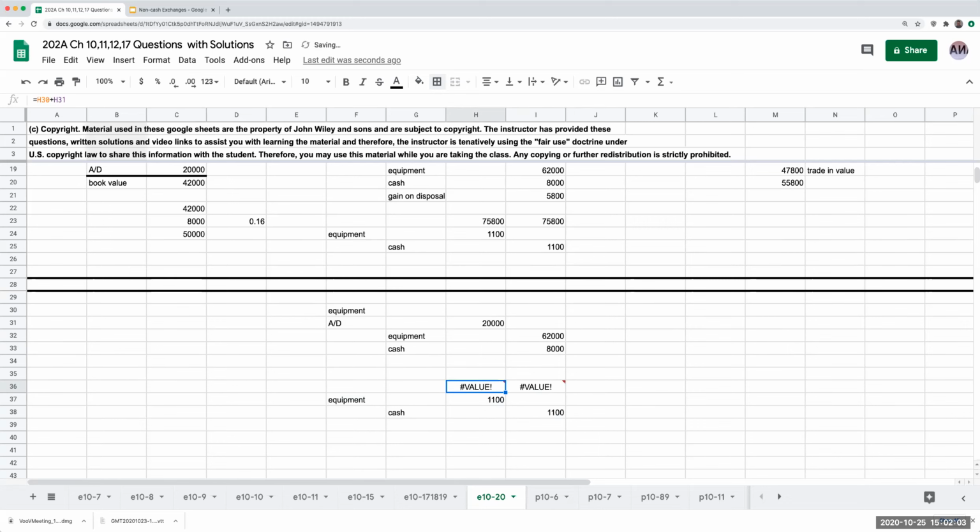The value of the equipment, not including the installation cost, is going to be $50,000, which is what I need to balance this entry. I have no gain or loss in this situation. I'm still paying for the installation, and I'm just recording it separately because I like to keep this as clean as I possibly can. So that is exercise 10-20.